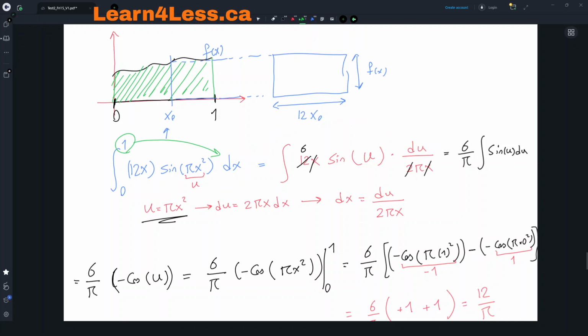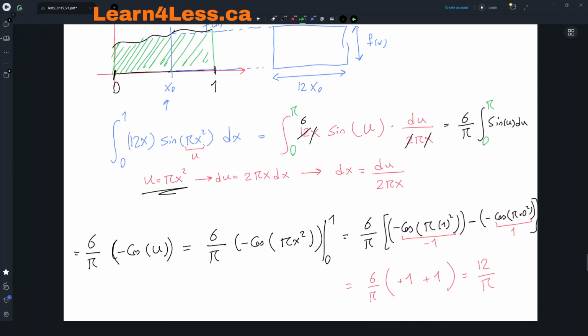Through the substitution that we had here. So we simply plug in the 1 into this conversion. We get pi times 1 squared, which is pi. So the upper bound would be pi. And if you plug in the lower bound here, you get 0 still. So it's basically 0 to pi.